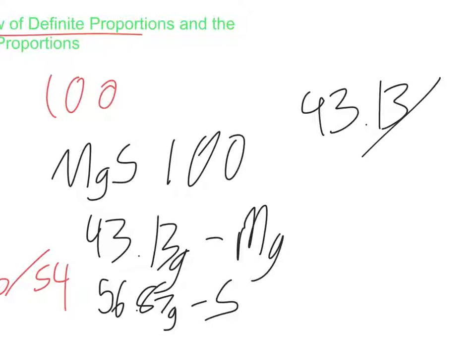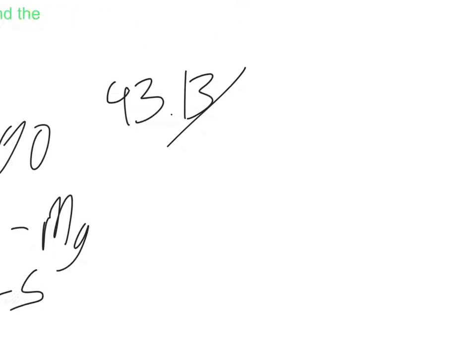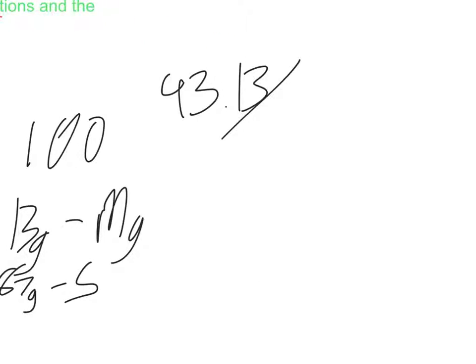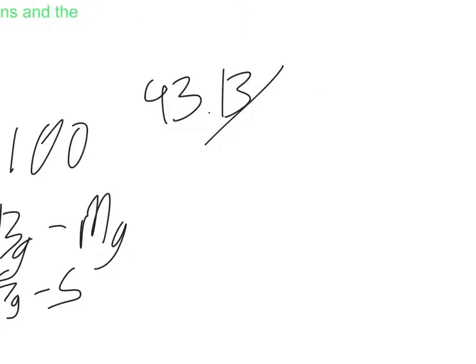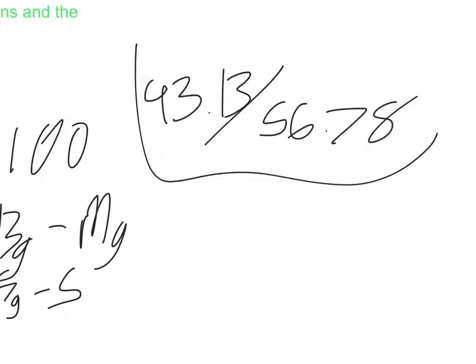So then your proportion will always stay the same at 43.13 to 56.87. And it will stay in this fixed ratio no matter how much you have.